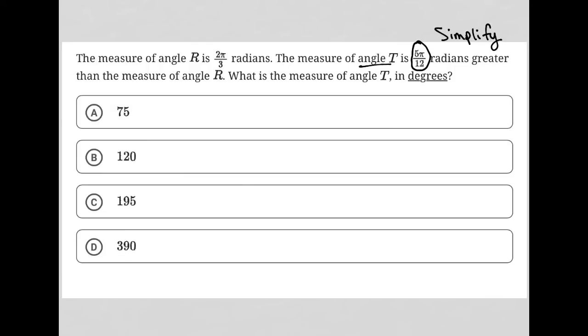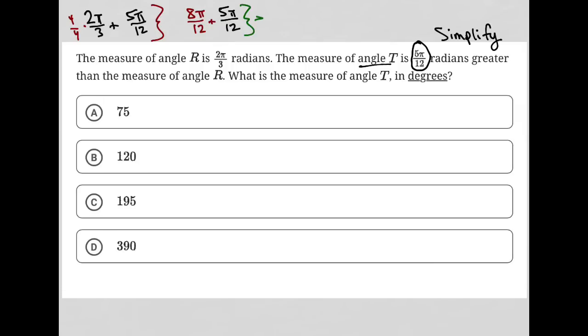So basically it's saying angle T is angle R, 2 pi over 3, plus an additional 5 pi over 12. In order for me to add these fractions, I have to have a common denominator. So I'm going to multiply this fraction by 4 over 4, which would turn that first fraction into 8 pi over 12, plus that original 5 pi over 12 that the question provided.